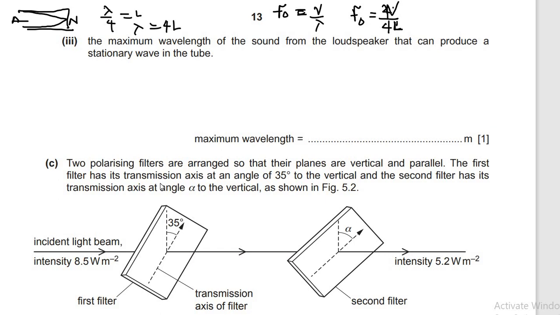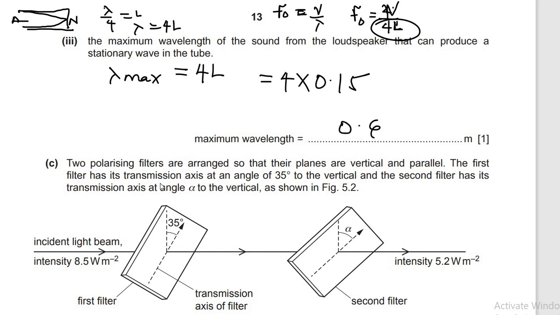So the maximum wavelength will be 4L. That's the fundamental. The maximum wavelength is 4L in this case, for a tube such that one end is closed and the other end is open, and L is 0.15. 4 times 0.15, what do you have? You have 0.6. That's the maximum wavelength, 0.6 meter.